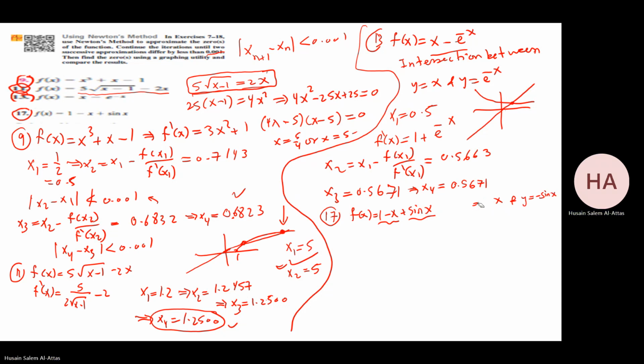Because I need to write it as something minus something, I can write it sine x minus x minus 1. So I need to find the intersection between this and this, x minus 1. At x equal 0 it's minus 1, and this is sine, so a good starting point will be 2.